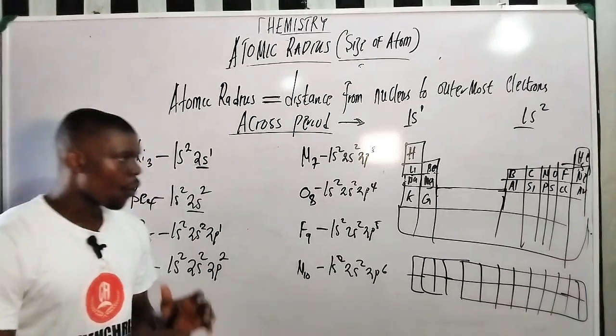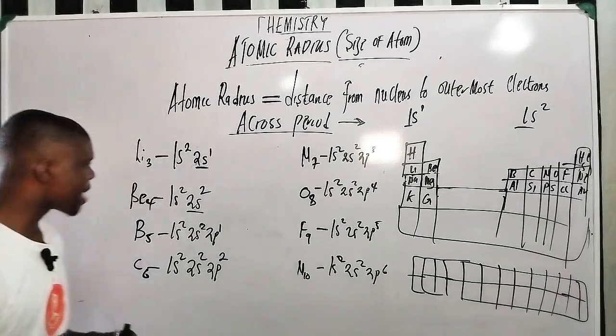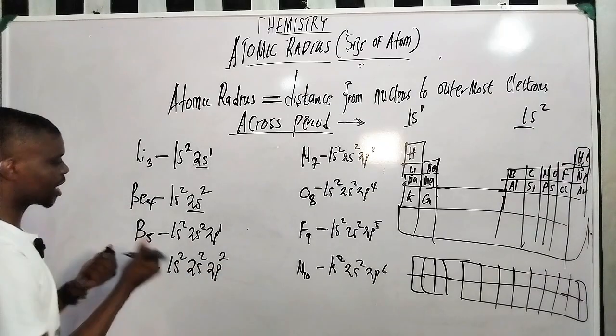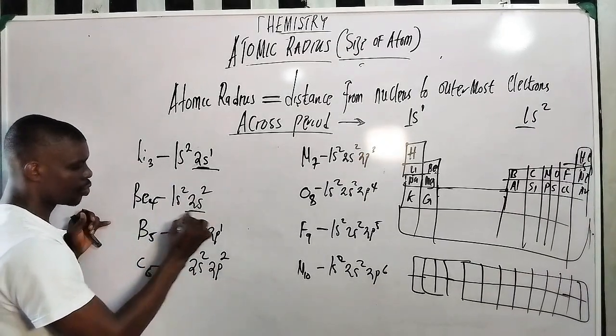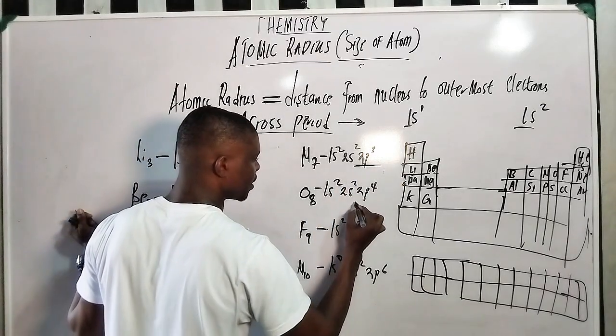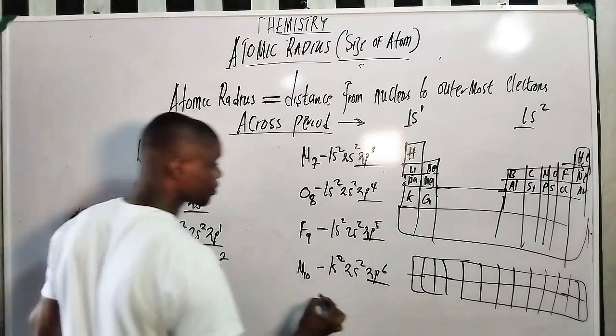Now, what is the similarity here? They are all in the second energy level, because if you check, we have 2s2, 2p, 2p, 2p, 2p, 2p, and 2p.